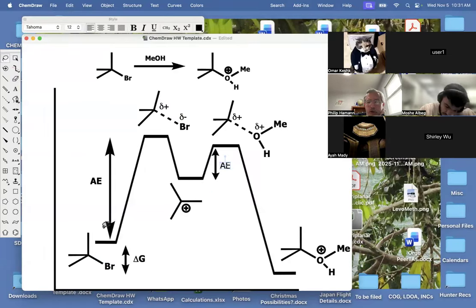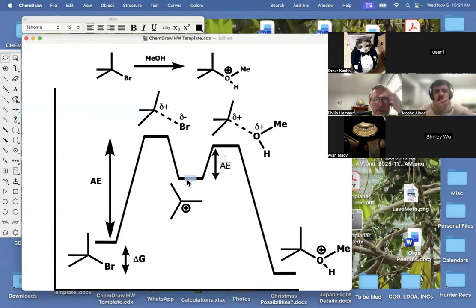These are the two important ones to label. It's an activation energy, absolutely. If you were to label from this level to this level, that's the energy difference between the cation and the T-butyl bromide.